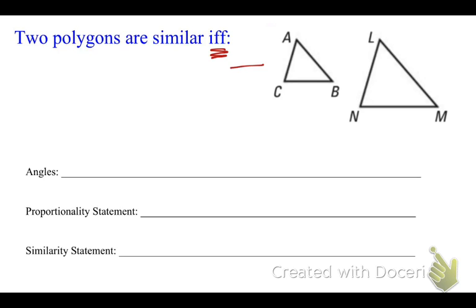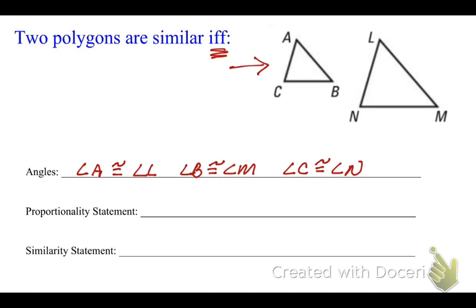So in these two triangles, angle A is congruent to angle L. Remember, we need to go in order. Angle B is congruent to angle M, and angle C is congruent to angle N.